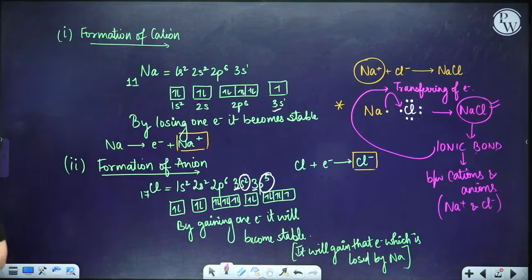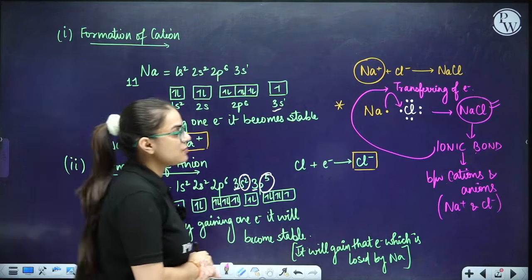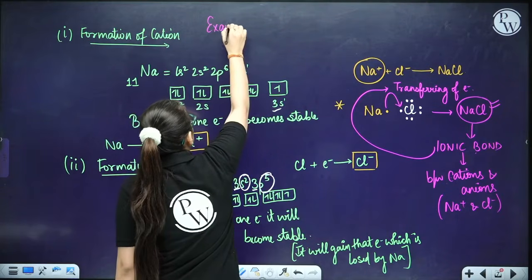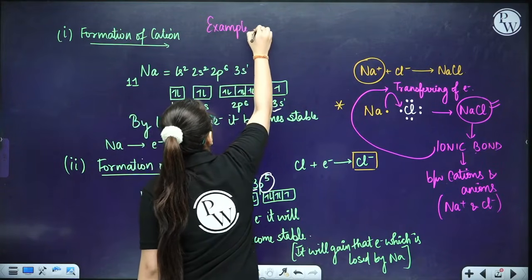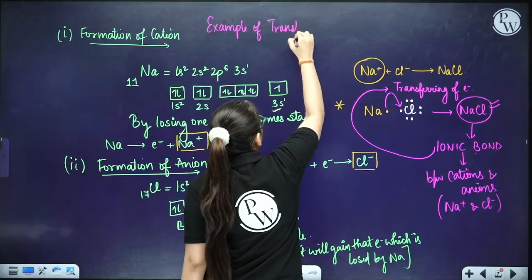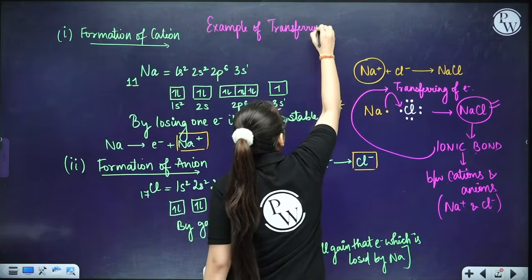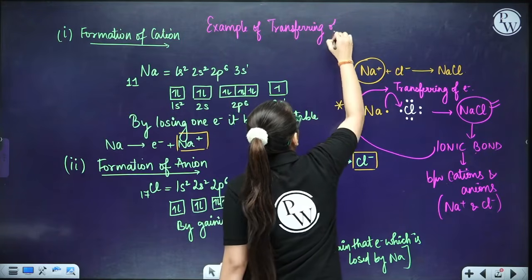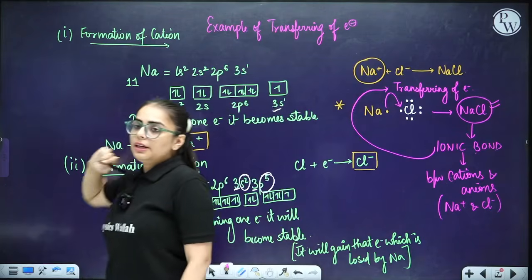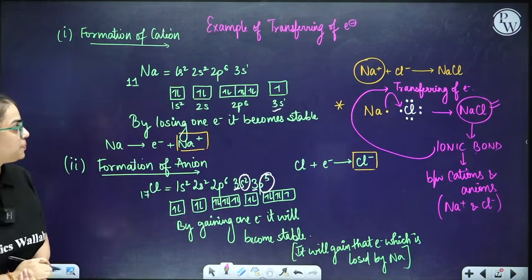Write down: this is the very first example of transferring of an electron. Clear everybody?